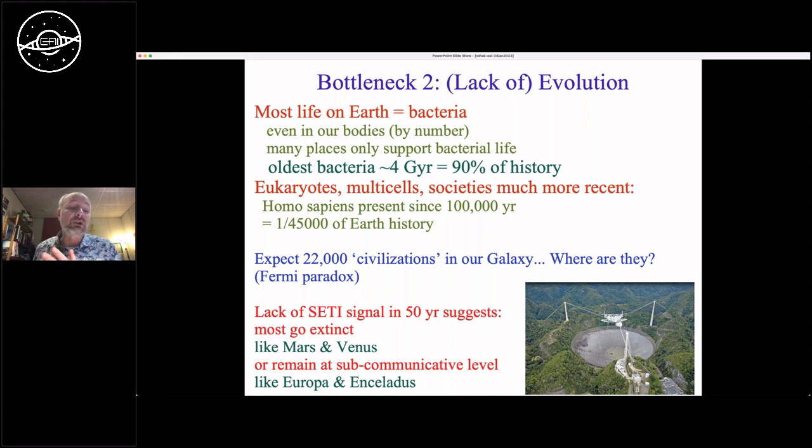What it could mean, this lack of SETI signal in the past, say, 5 decades that we've looked for it, is that either life could go extinct in most cases. So this may have happened on Mars and Venus, right? So both probably were more habitable long ago, but they have lost this capability. So Mars is now too cold and dry.